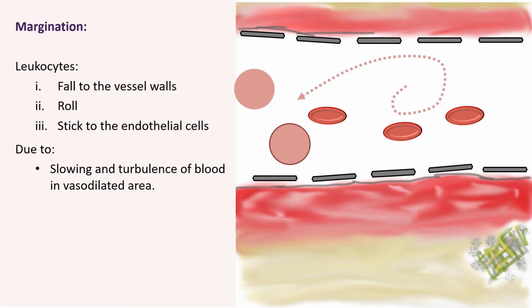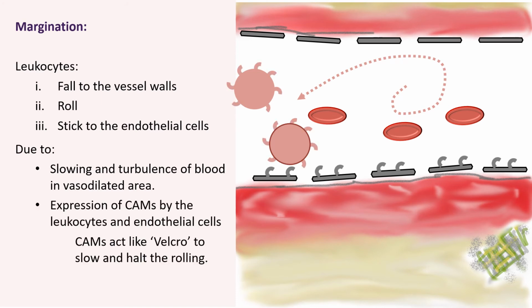This is due to the slowing and turbulence of blood in this vasodilated area and the expression of cell adhesion molecules by both the leukocytes and the endothelial cells. This acts like Velcro to slow and halt the rolling of those leukocytes in this vasodilated area.